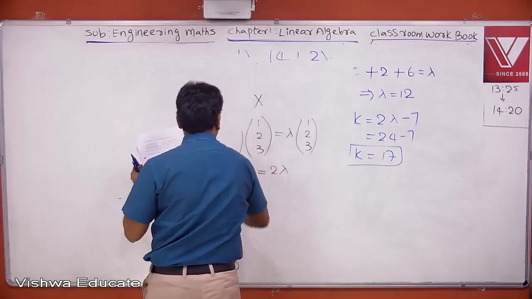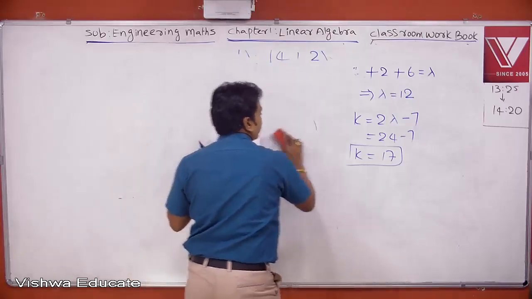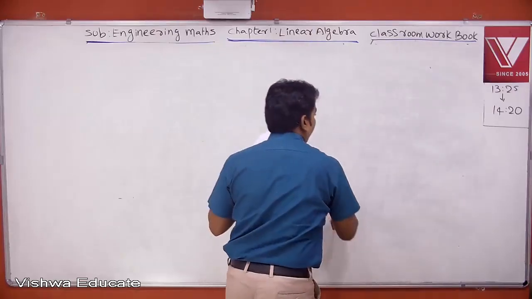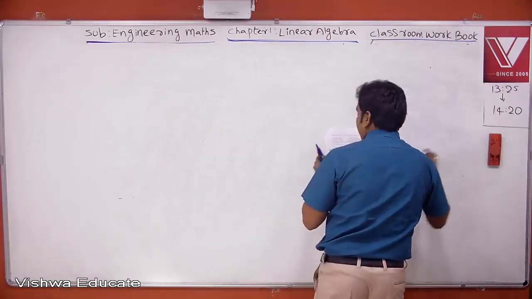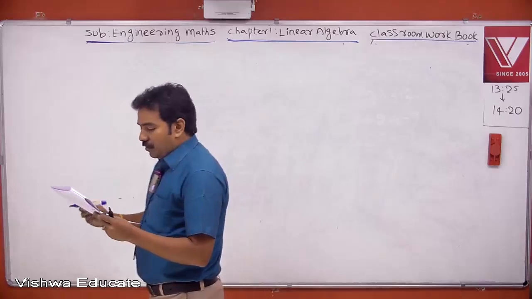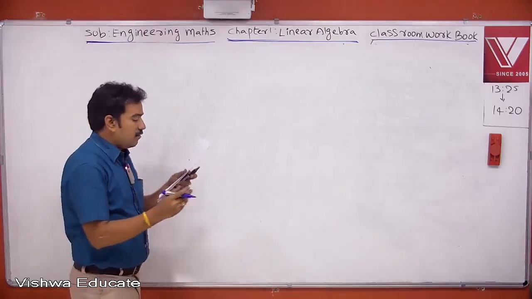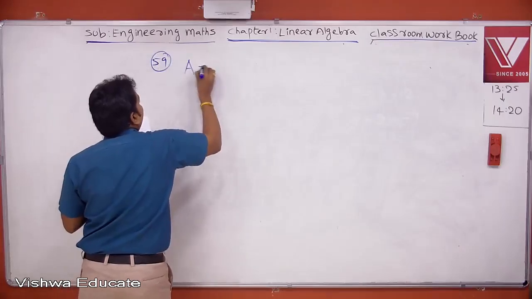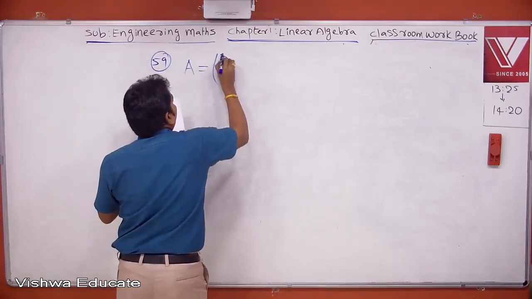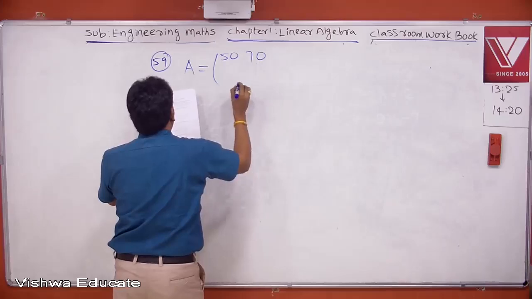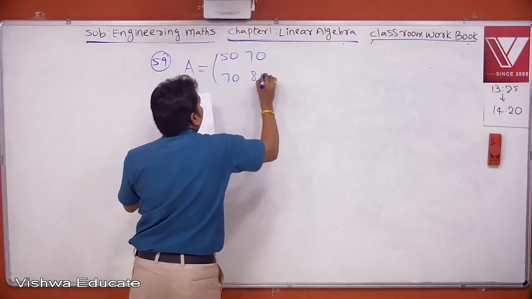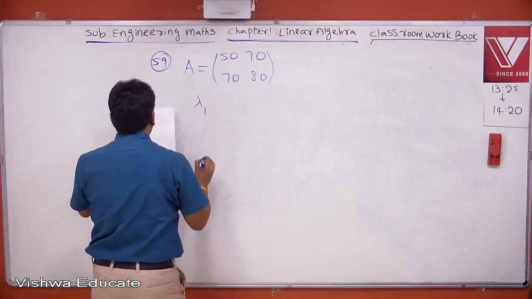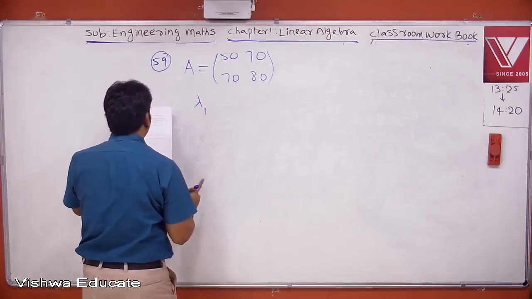Next we move to question number 59. Consider the matrix A equal to 50, 70, 70, 80, whose eigenvectors corresponding to lambda 1 and lambda 2 are given by x1 and x2.